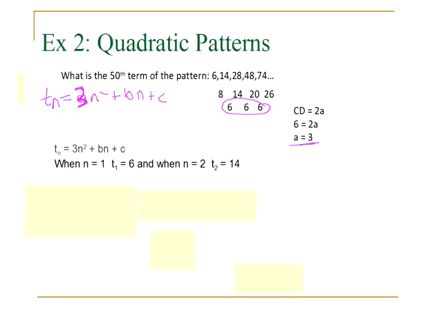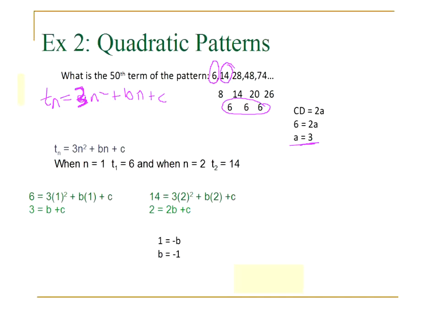And so now I can plug in when n equals 1, t1 equals 6, and when n equals 2, t2 equals 14. There's plugging in the first two data points. Think about it as n on top here as we had it in the last example. I can get some equations. I can subtract those equations, and I get the b value.